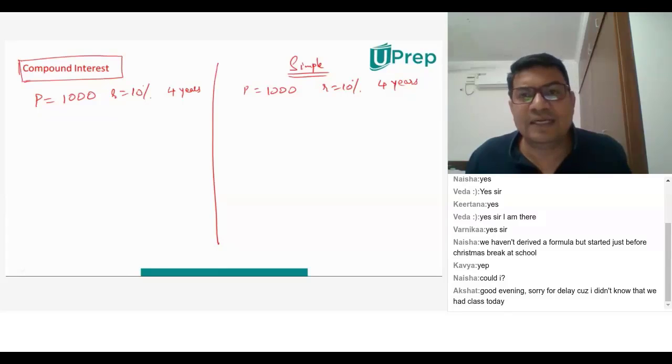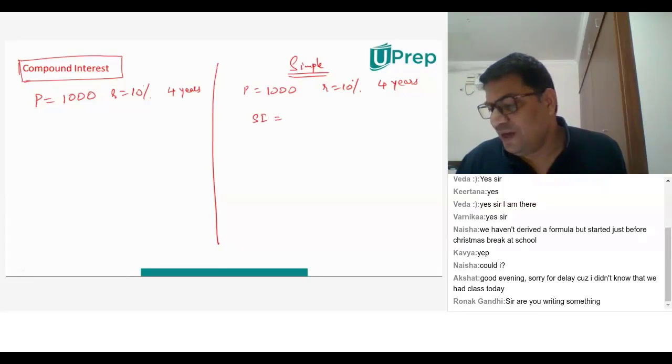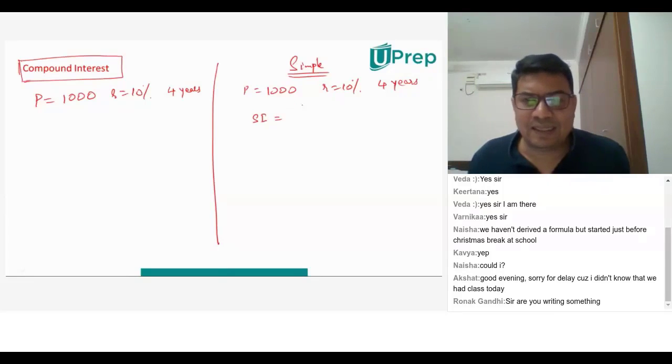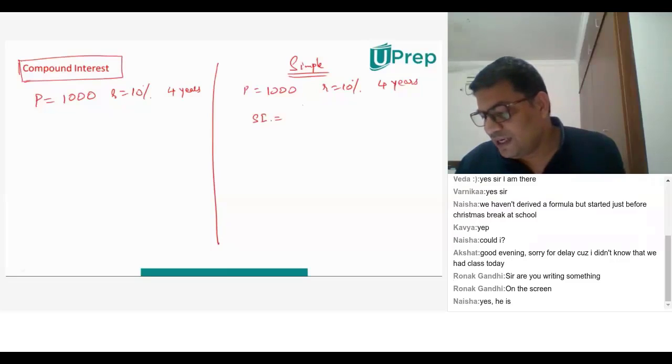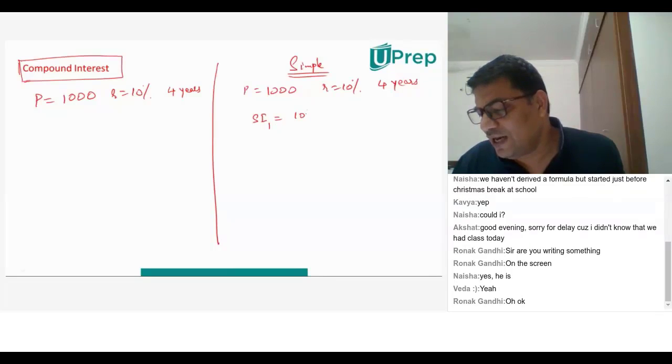As we have already learned simple interest, let's do the calculation for simple interest. We have a simple formula. Simple interest is nothing but PTR by 100, but I'll not calculate like that. Let me do it for year one. Simple interest is 10%, which is 10 by 100 times your principal, which is 1,000 rupees.